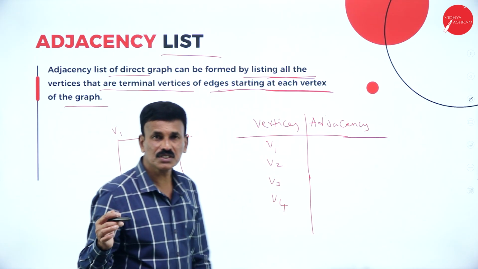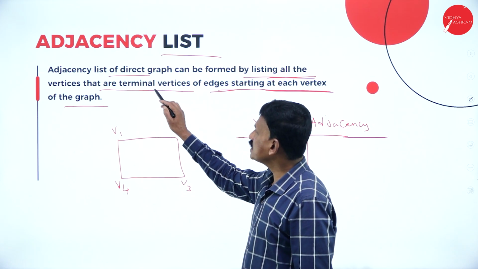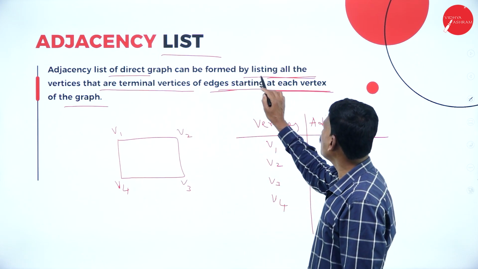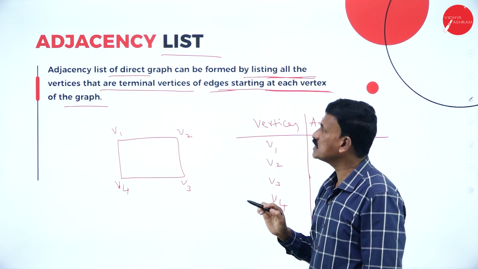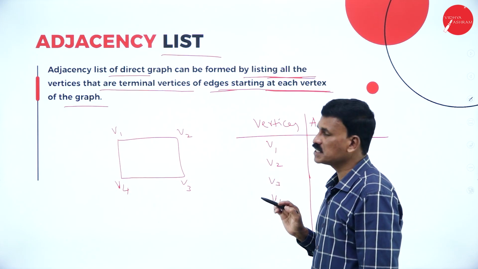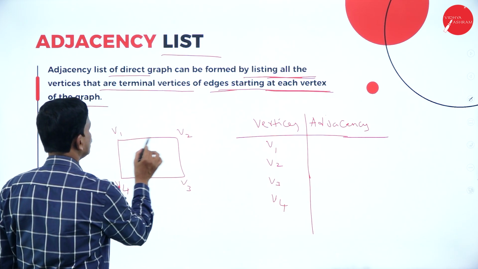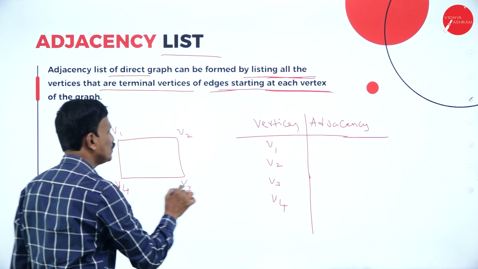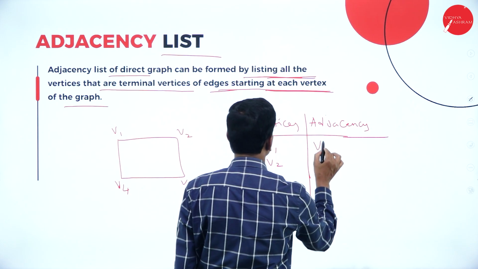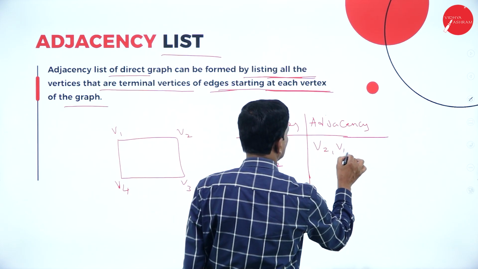See, what is the definition? According to the definition, the adjacency list of a directed graph can be formed by listing all the vertices that are terminal vertices of the edges. See, here V1 terminates at V2 and V4. So the adjacency for V1 is V2 comma V4.